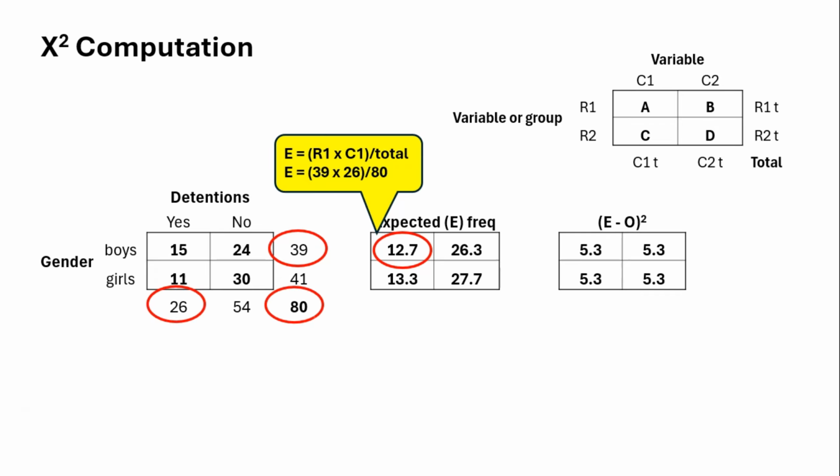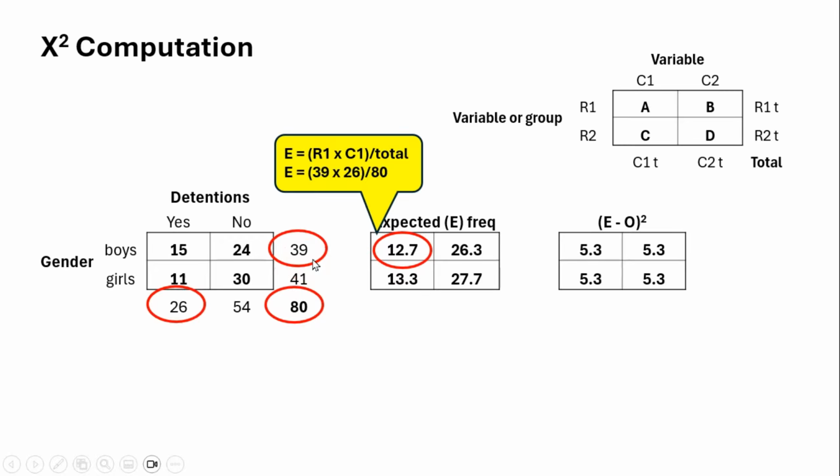So this cell here corresponds to cell A. To get this value, which comes out to be 12.7, you take the corresponding marginals for that cell. In this case, it would be the row 1 marginal times the column 1 marginal, because row 1 and column 1, that's where this cell A is located.